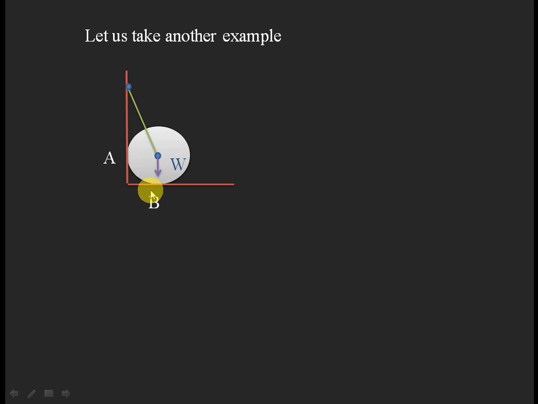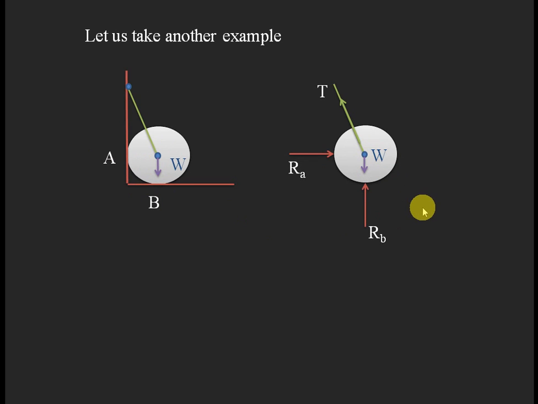Wherever the contact point is, a certain reaction force will be applied by the wall and the floor because of the force applied by the body on them. Similarly we can represent the free body with the weight, the tension, the reaction force Ra and the reaction force Rb. So this is another example of representing the free body diagram. This is the way of drawing a free body diagram.